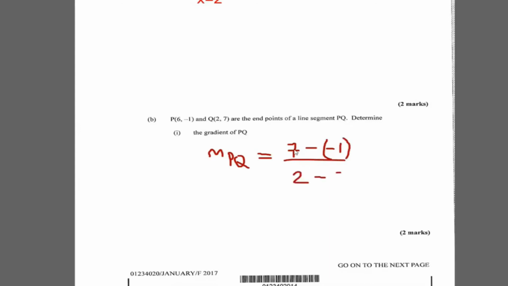Now 7 minus negative 1 is what? Positive 8. And then 2 minus 6 is what? Negative 4. And so the gradient of PQ is just negative 2. Nice and easy. Now it says find the coordinates of the midpoint of PQ.